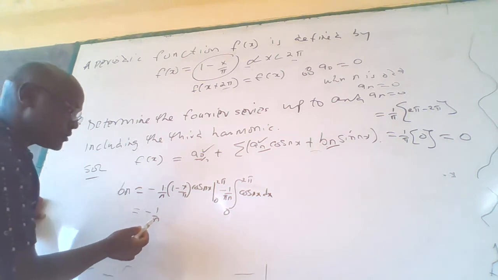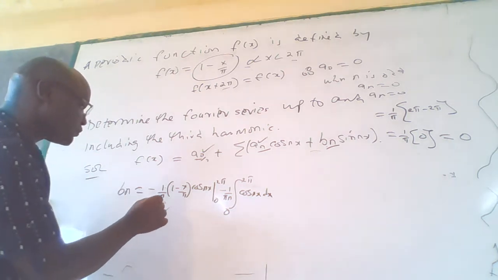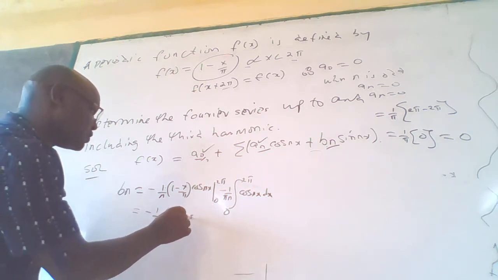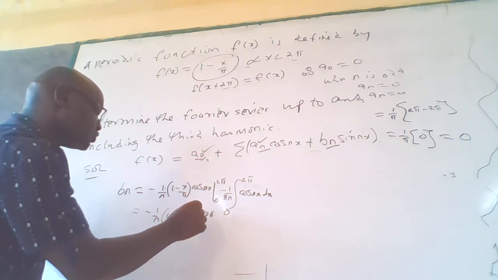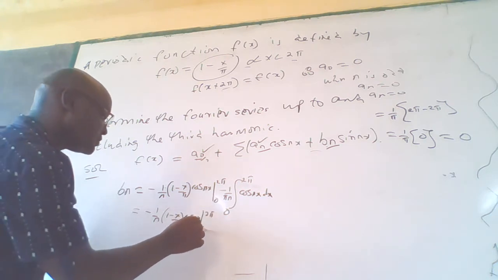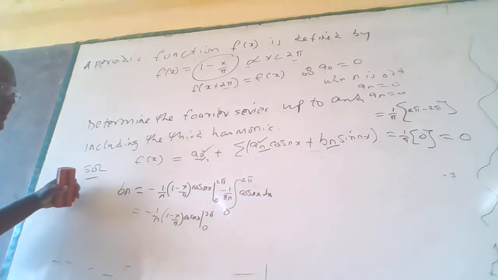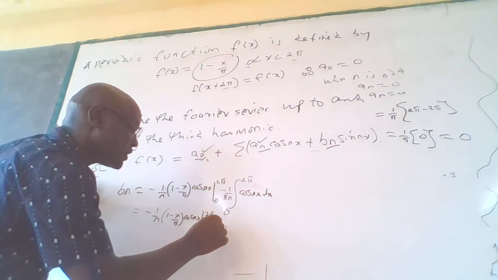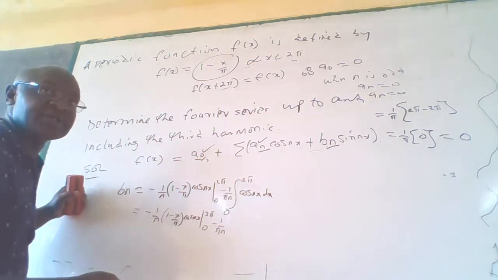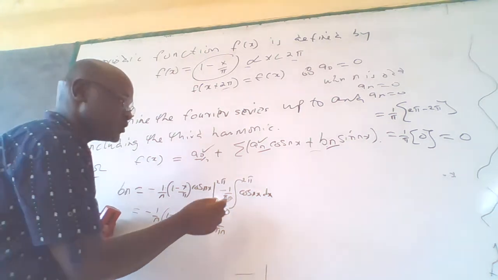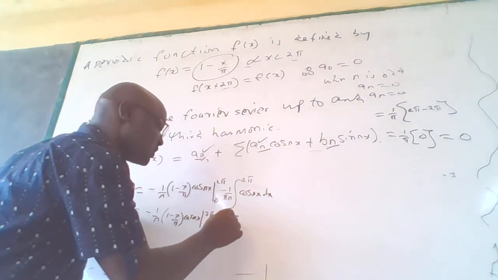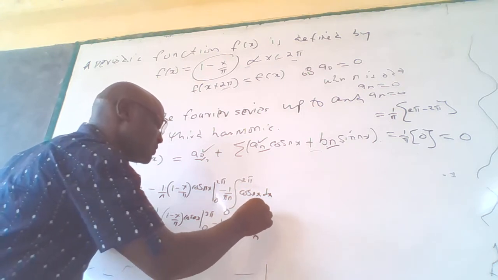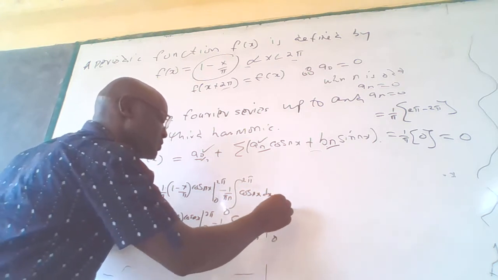So we have 1 into (1 minus x over pi) cos nx from 0 to 2 pi, and here we have minus 1 over pi n. When you integrate cos nx, then we get sine nx over n.